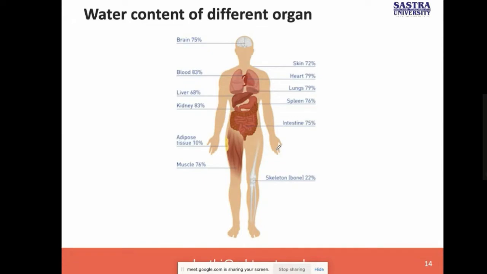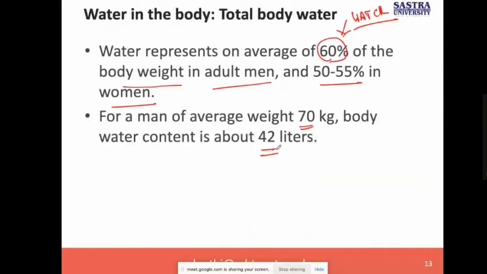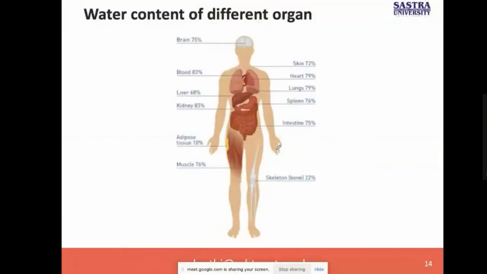So we said 42 liters of water in a 70 kg man, right? Not all of it is present in the same organ. It's distributed in different organs. If we sum all, that's the quantity I showed, 42 liters. If you take the brain, 75% is water content. Blood, 83% is nothing but water.